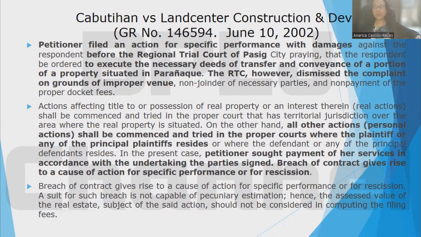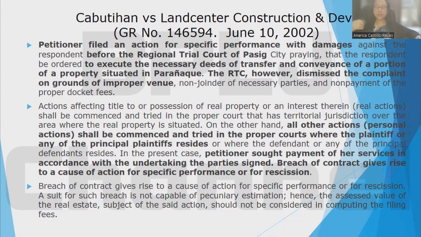So you must remember that in determining what kind of action is involved, you don't only look at the title of the action. Okay, but you also look more importantly on the allegations as well as the prayer of the petition.